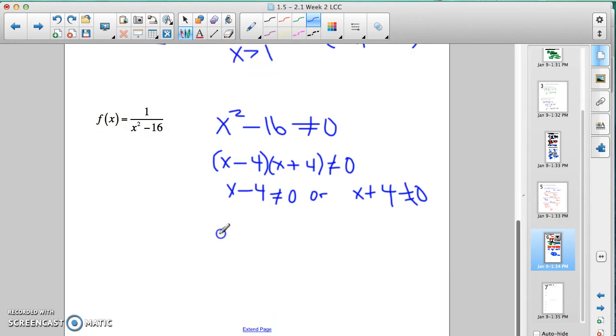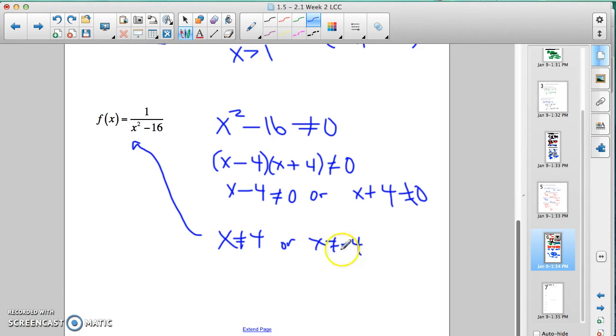X cannot equal 4, or x cannot equal -4. So both of those cases would not work, and if we plug those back in, we could see that. If I put 4 in here and square it, that's going to be 16 minus 16, which is 0. And if I put in -4, I also get 16 minus 16, which is 0. And both of those would be undefined.